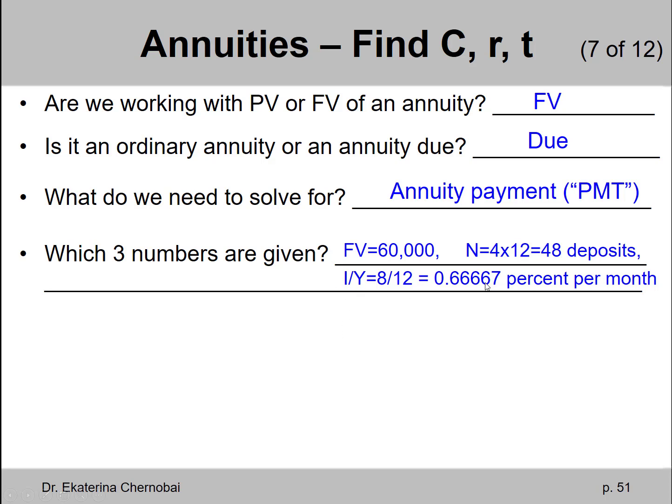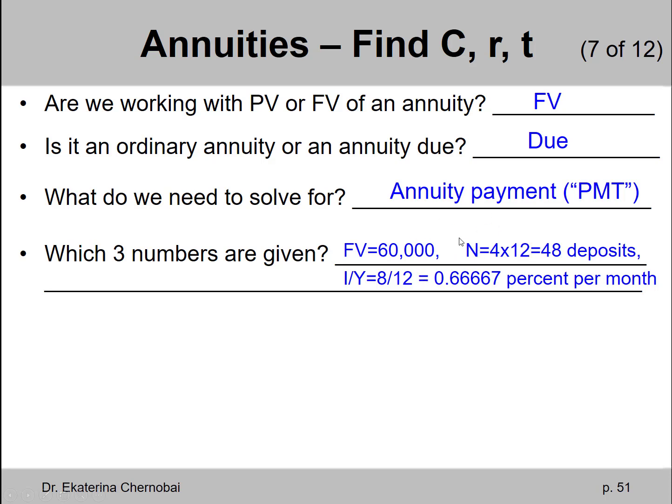per time period. So there's a trick in this problem. Everything will be monthly, right? We are going to be making monthly deposits. As soon as you realize what the frequency is of your annuity payments, everything that you enter in the calculator should reflect that frequency.